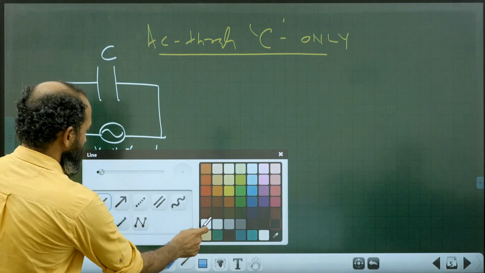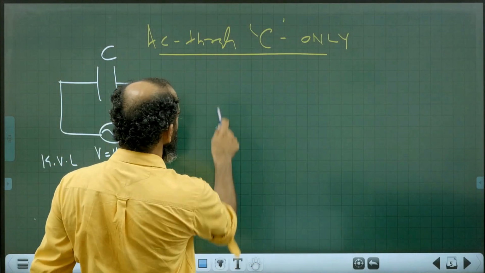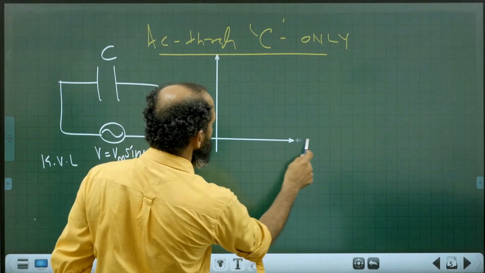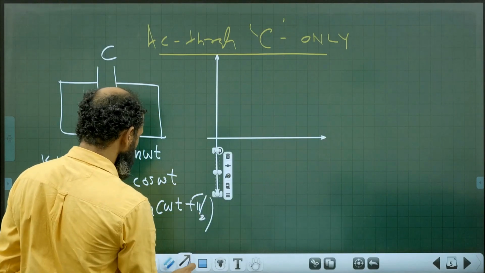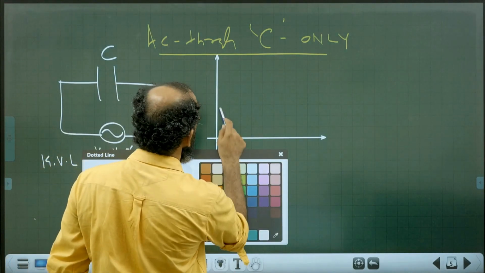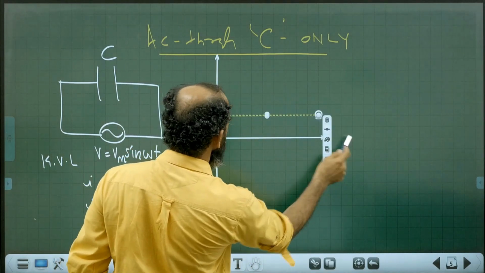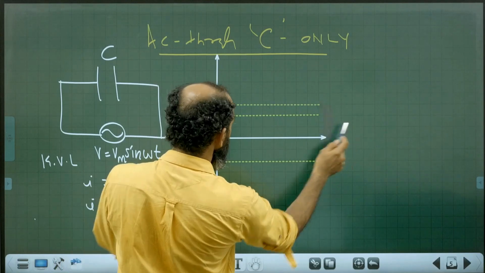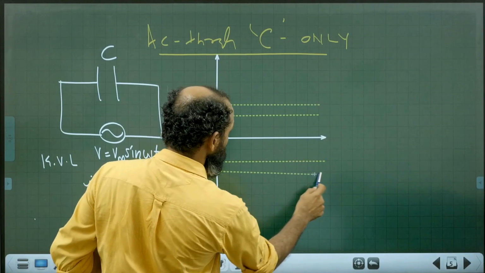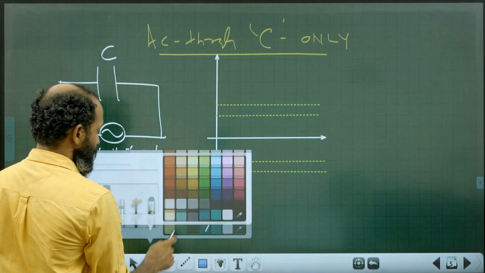Then the graph showing the variation of voltage with time and current with time, as we have done earlier for the inductor only circuit.